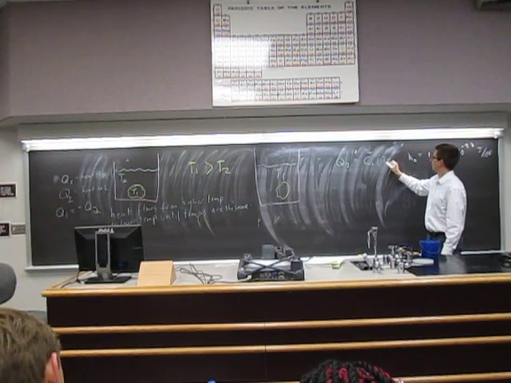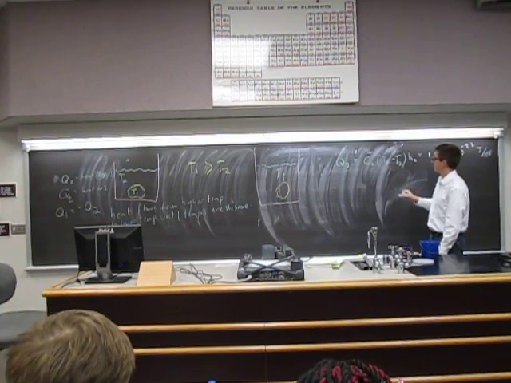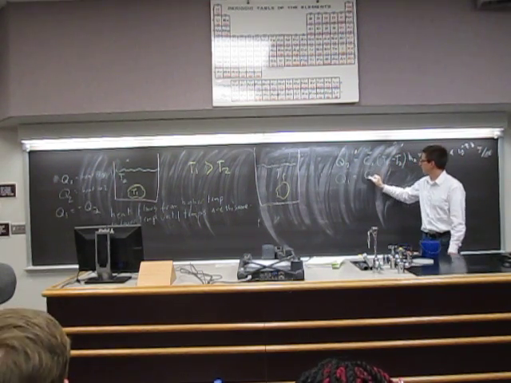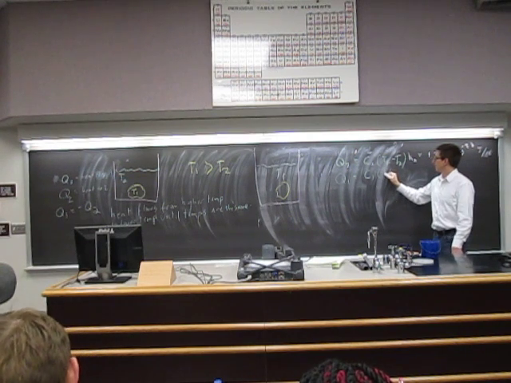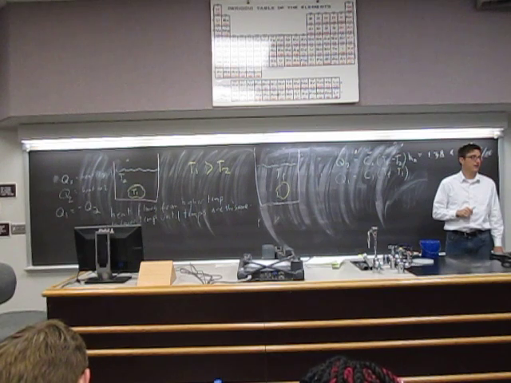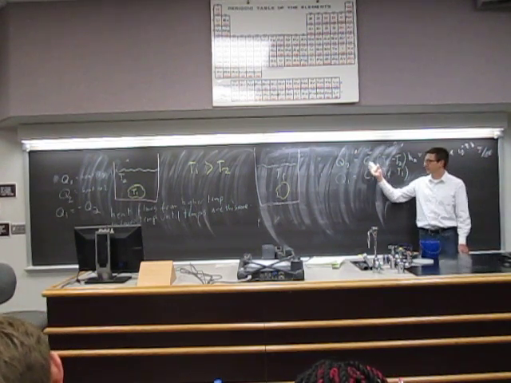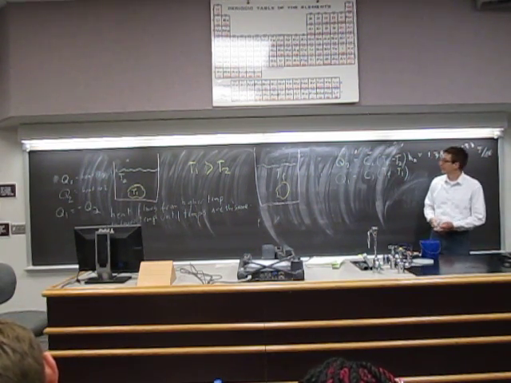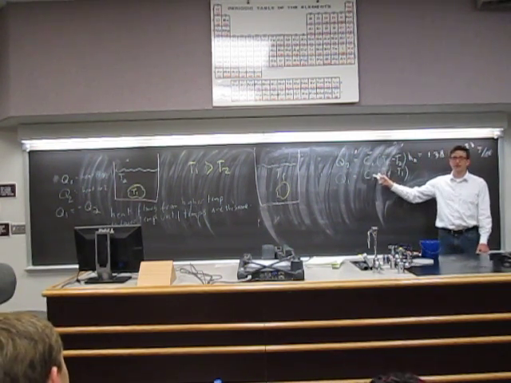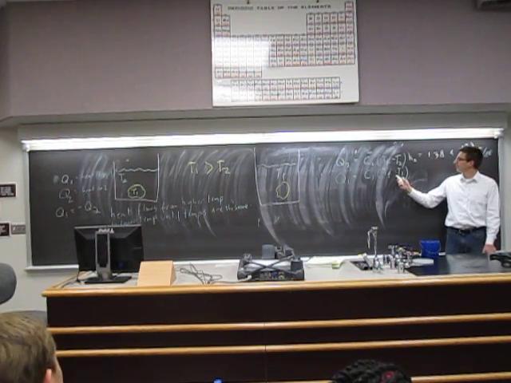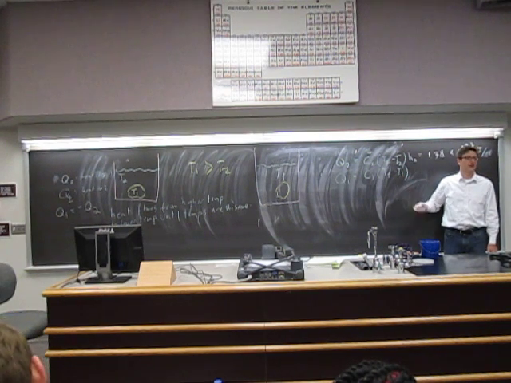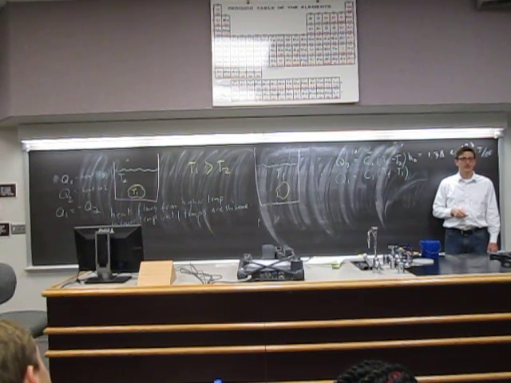That'd be T final minus T2. And Q1 would be C1 times T final minus T1. If we knew the heat capacities of these various substances, and knew the initial temperatures, we could then get what the final temperature has to be. Does that make sense?